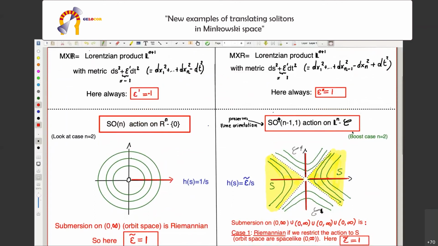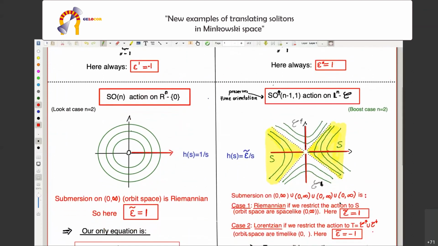Again, we want a nice pseudo-Riemannian submersion, so we have to make the quotient by the group, so we have to take out the cone, the two lines of the cones and the 0. So what we get when we look at the submersion, the orbit space, are just these 4 intervals, 0 to infinity, and we can restrict to each of these intervals basically. So we are in the nice case of a submersion onto an interval again.